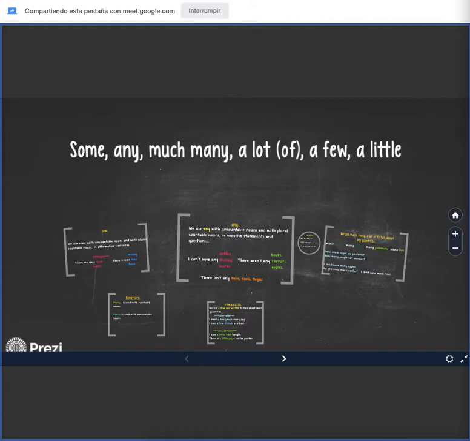As you know, each level requires a new level of understanding of the topics. So now I know that you understand that countable and uncountable are things that you can or can't count. But now we are going to focus our attention on this. Let's talk about some, any, much, many, a lot of, a few, a little, okay? Let's begin.